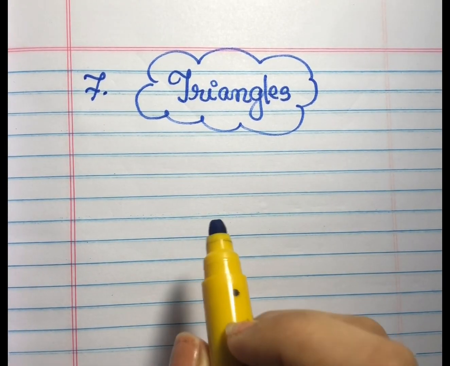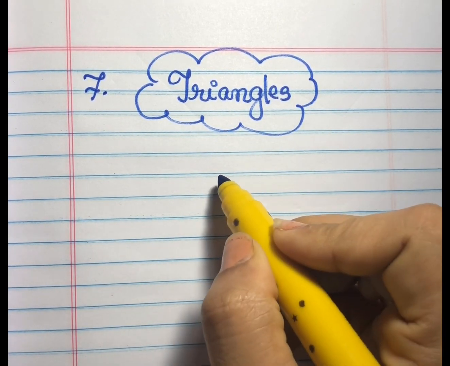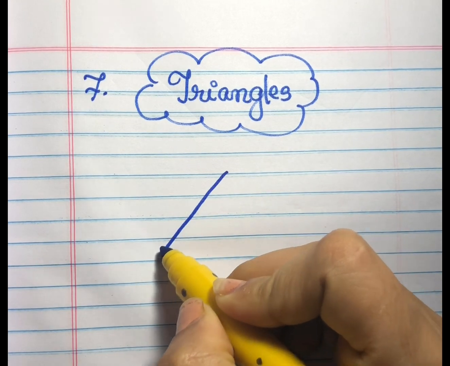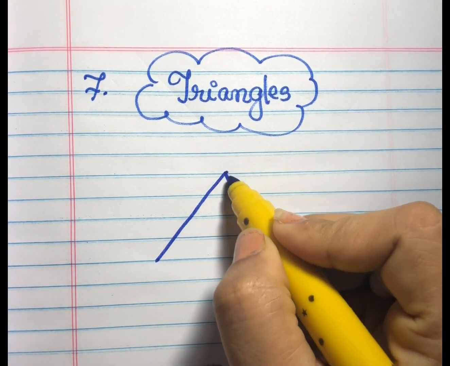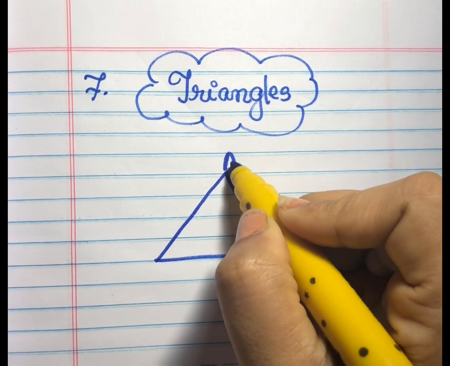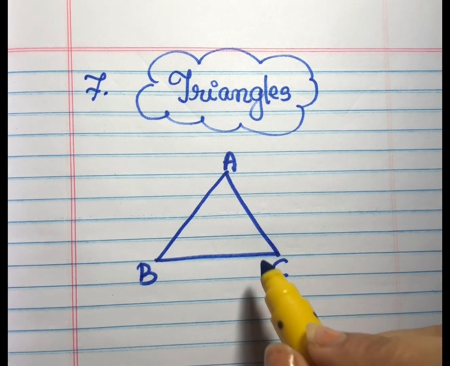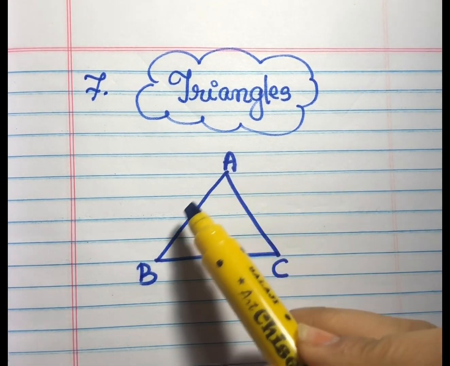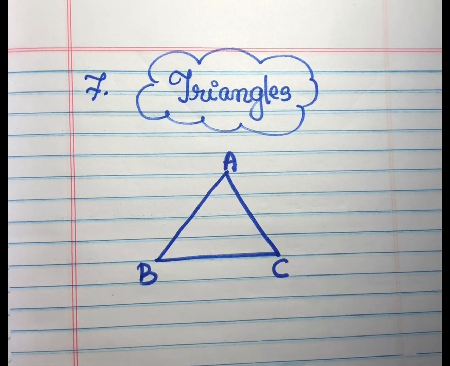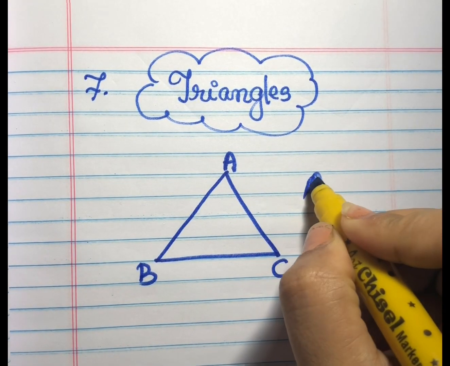So firstly, what is a triangle? Triangle is a closed figure formed by three intersecting lines. That is, for example, this is a triangle ABC. Triangle ABC is formed by three intersecting lines, that is AB, BC and AC.